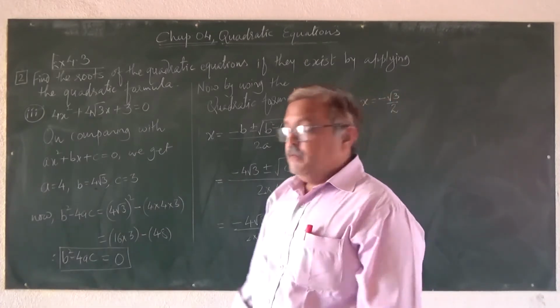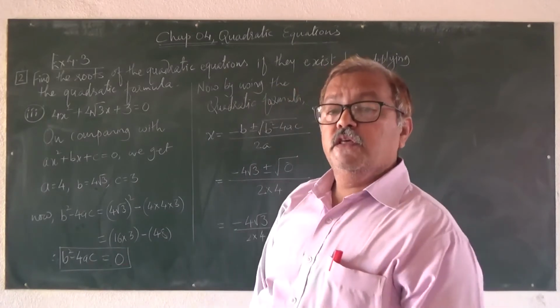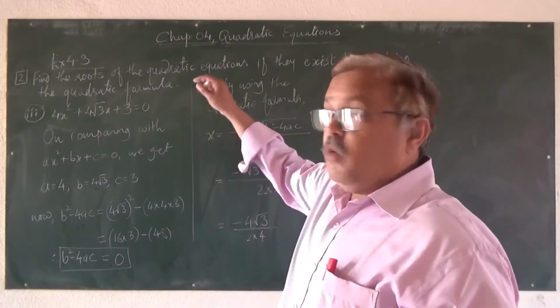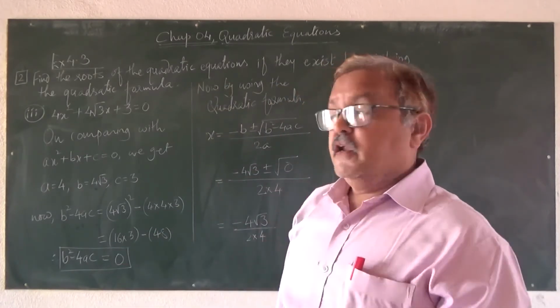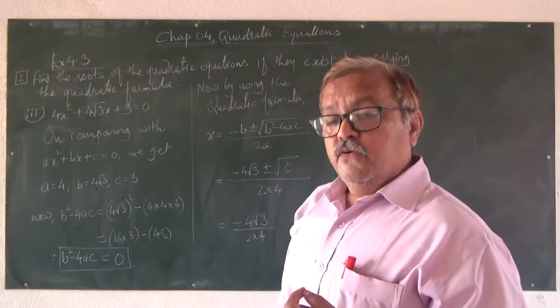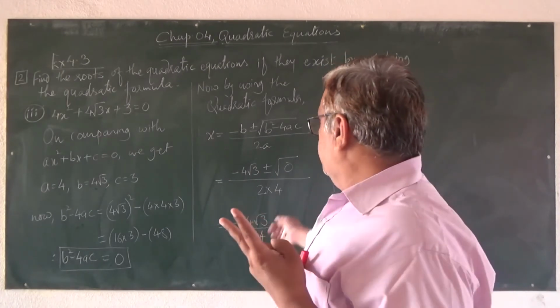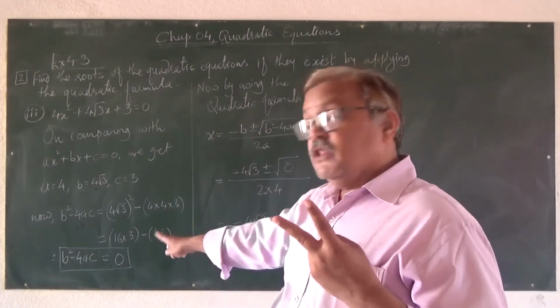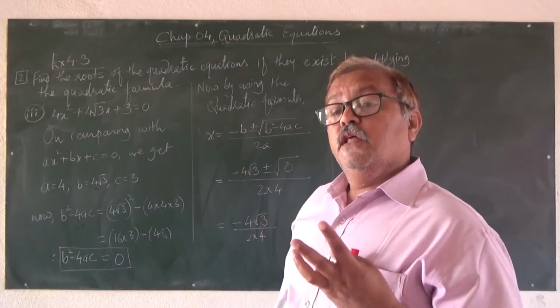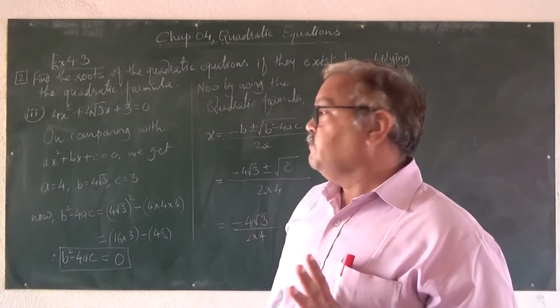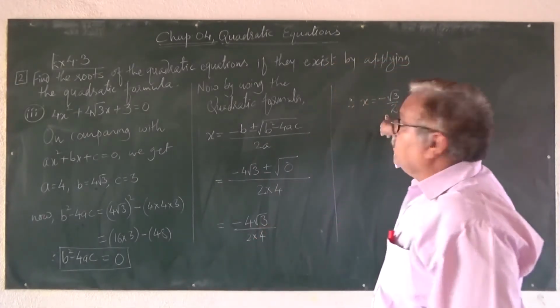Now जब b square minus 4ac is equal to 0 और एक क्वाड्रेटिक इक्वेशन है, क्वाड्रेटिक मतलब हाईएस्ट पावर ऑफ द वेरिएबल इज 2, तो उसके दो रूट्स होते हैं, मैक्सिमम दो रूट्स. ओके, तो यहाँ दोनों रूट्स if b square minus 4ac is 0 then both the roots will be having the same value. इसलिए यहाँ x की वैल्यू minus root 3 by 2.